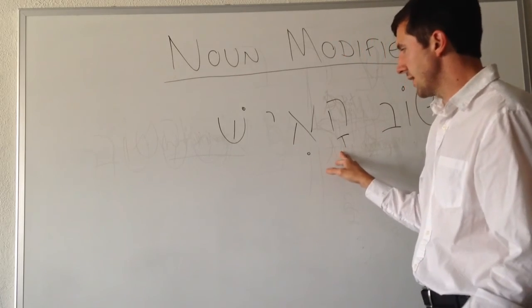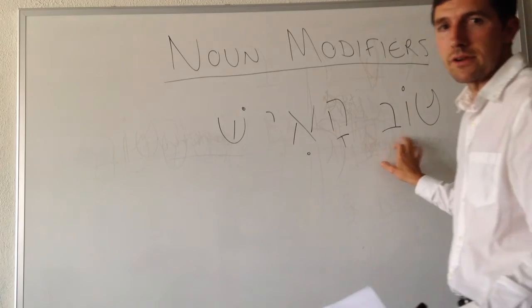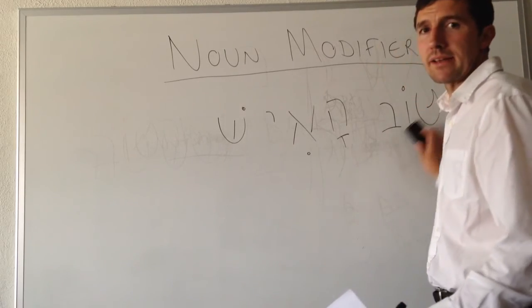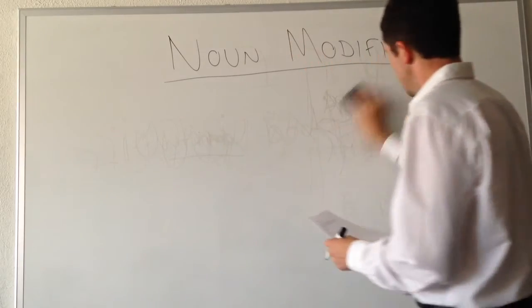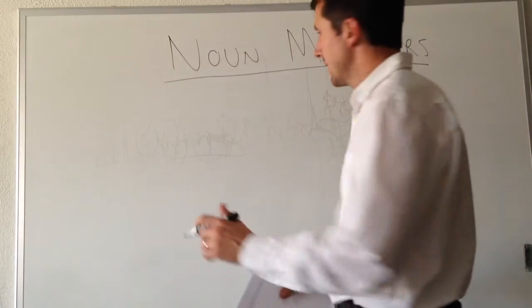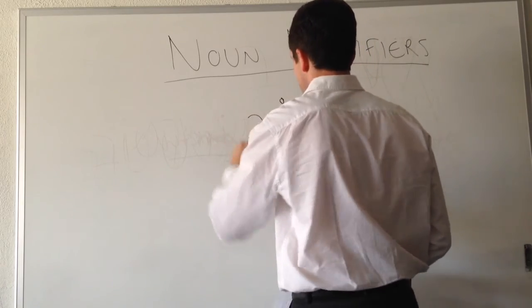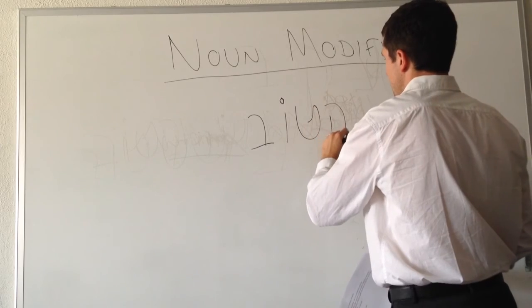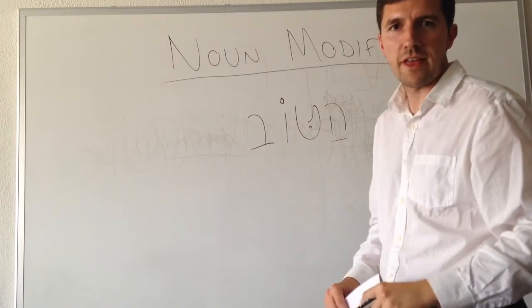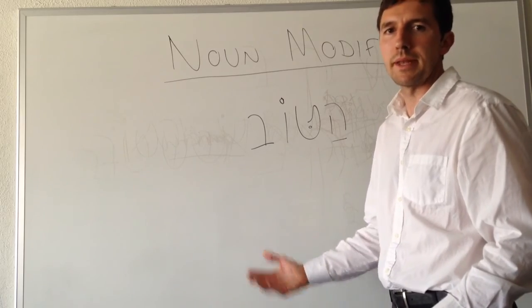And we would translate it in English, the man is good. And that's predicative. And finally, again with substantive, we might just have ha-tov, and we would translate it the good, or the good one, depending on context.